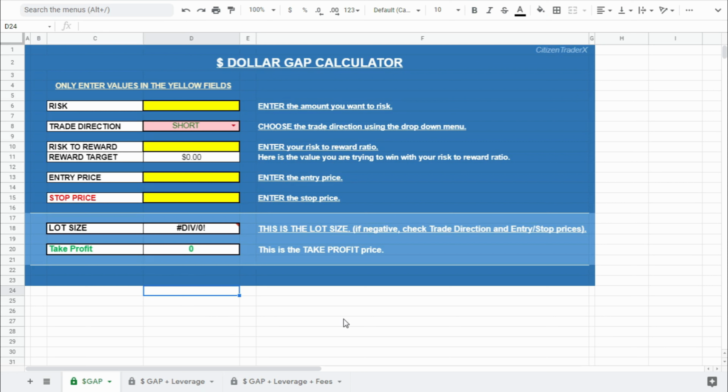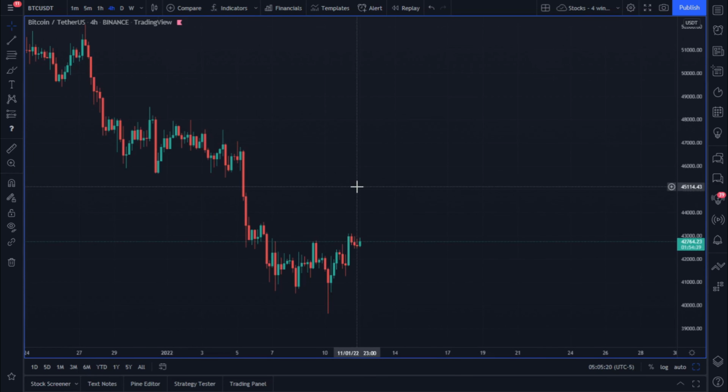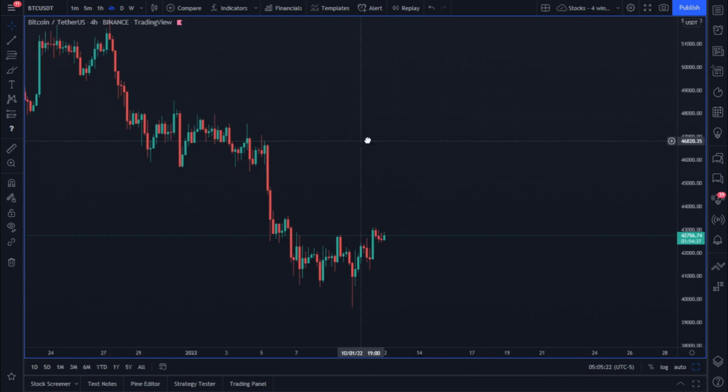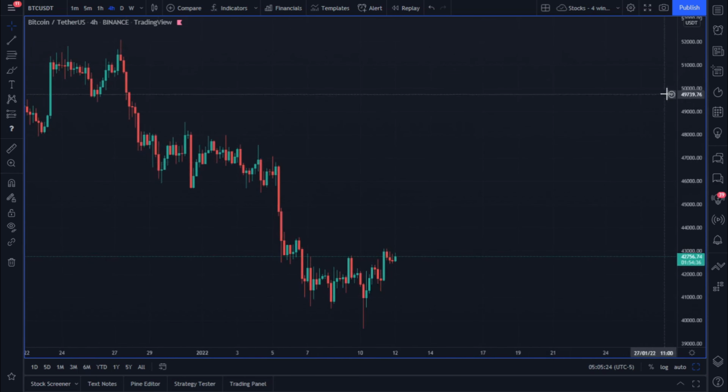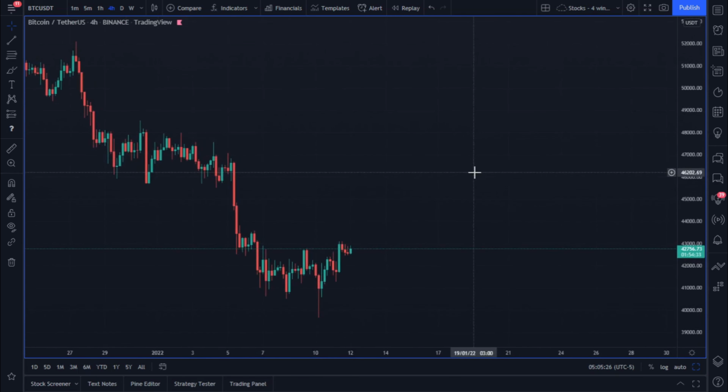Okay, so in order to go through this, we should use an example. All right, so here is Bitcoin. We're in January 2022, currently at 42,756 USD.